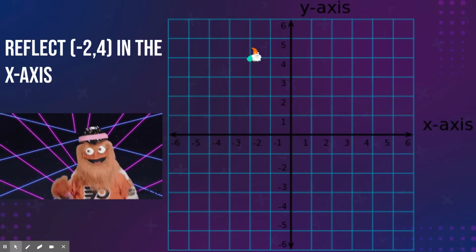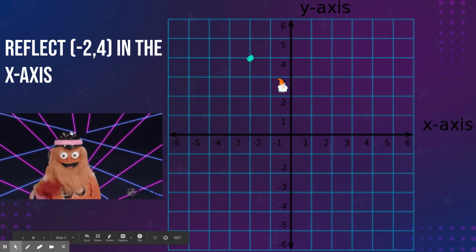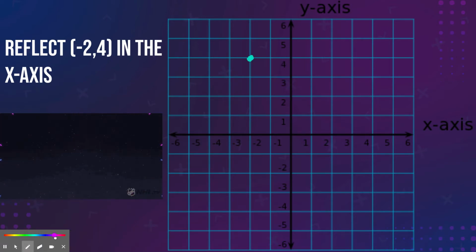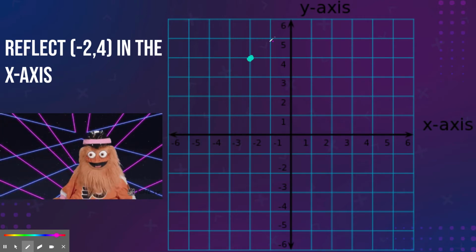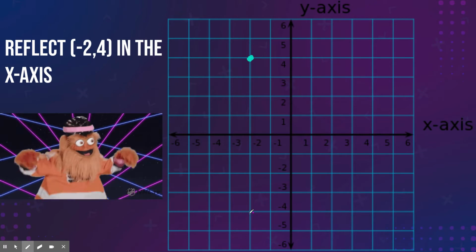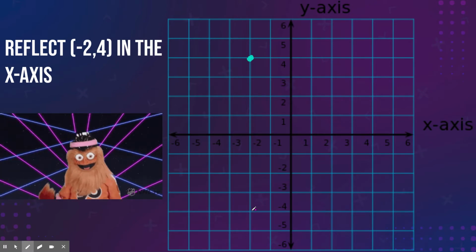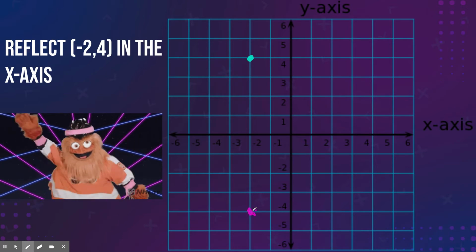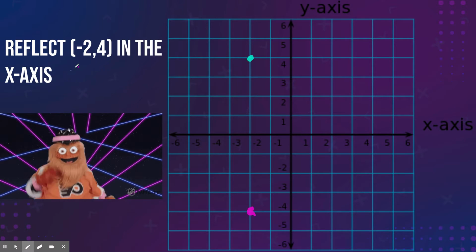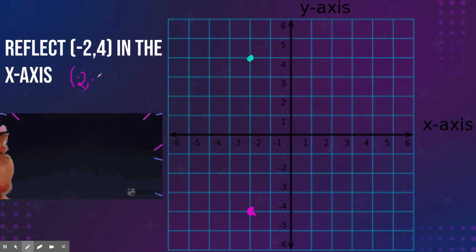And then I'm going to just flip it across by doing the opposite of +4, and the opposite of +4 is -4. So let's change that color to show you the difference. So then go down 1, 2, 3, 4. Draw my dot. So this is the reflected point, and the reflected point is -2, -4.